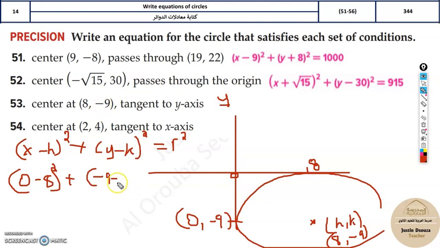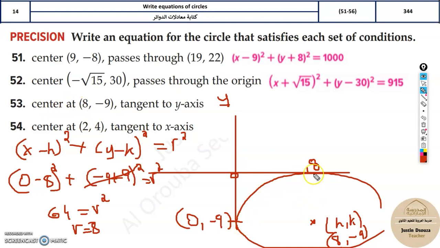Over here, when it's minus, it becomes plus. So change the sign. Whole square equals r square. Now what happens? Minus 9 plus 9 is 0. This cancels. 0 square is 0. Minus 8 the whole square is 64. That is equal to r square. r is equal to 8. So the radius over here is 8. It's very obvious to understand why.